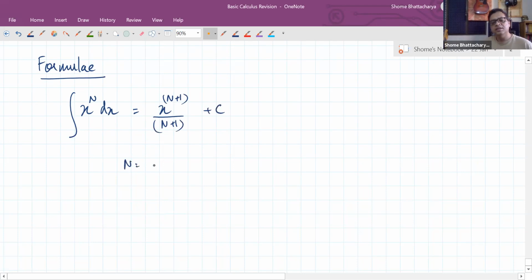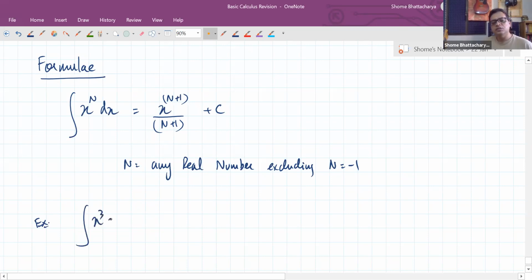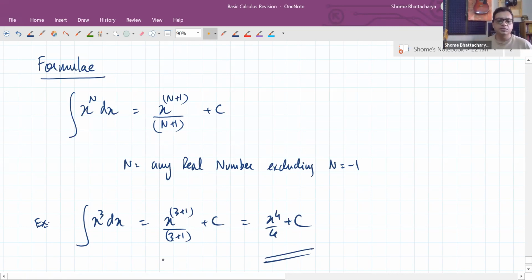So here n can be any real number excluding n equal to minus 1, because then the denominator becomes 0. So for example, if I'm just integrating x cube, it would be given by the formula which would result in x to the power 4 divided by 4 plus c. So this function x to the power 4 divided by 4 plus c becomes the antiderivative of this function, which is x cube.